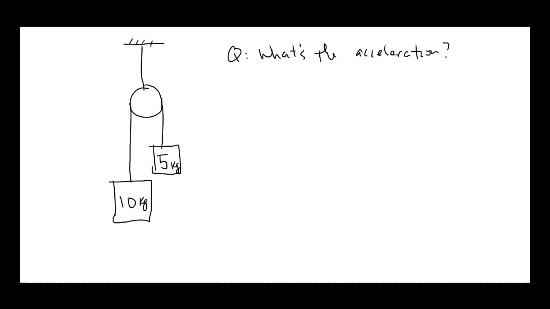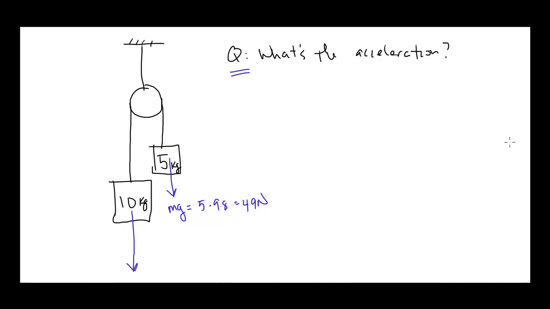Okay. Well, now, how many forces do I have to worry about? Just one? No, I have to worry about two, because you've got this force here, mg, 5 times 9.8 equals 49 newtons. And you've got this force here. This is also in play now, right? This is in play because this 10 kilogram block is not on a table.